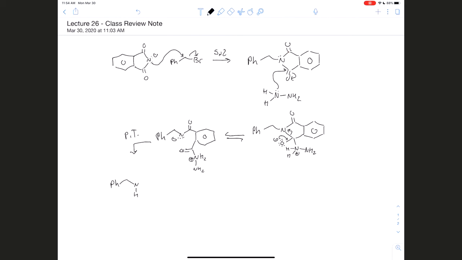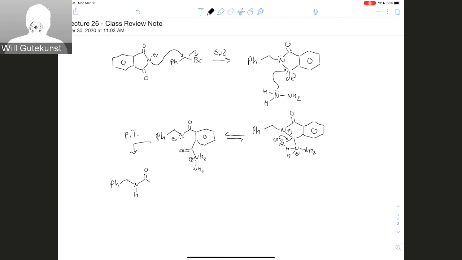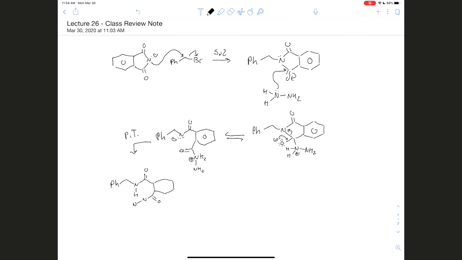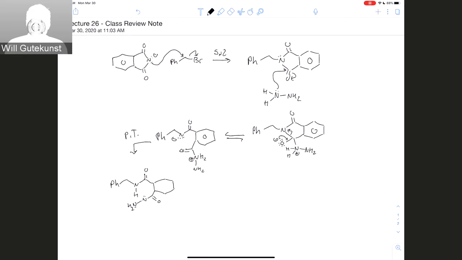We end up with one neutral amide. This is actually called a hydrazide. And this nitrogen lone pair here is still very nucleophilic, right? Its electron withdrawing group is further away.